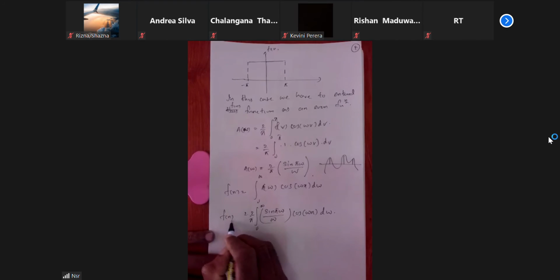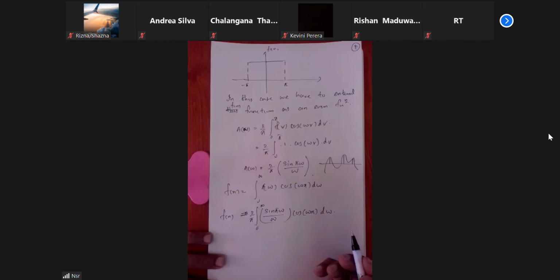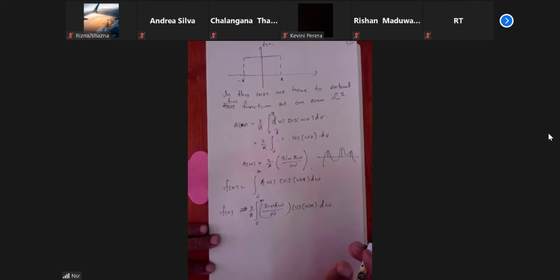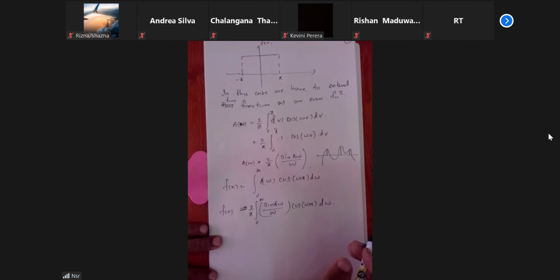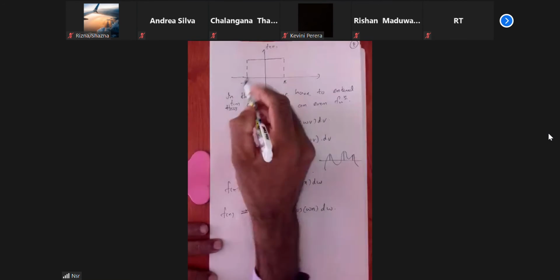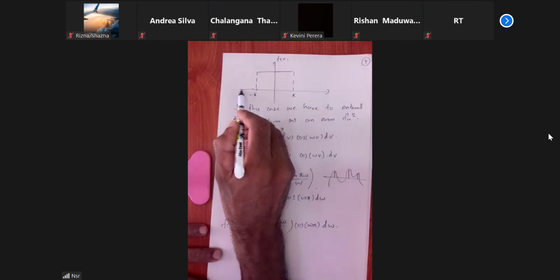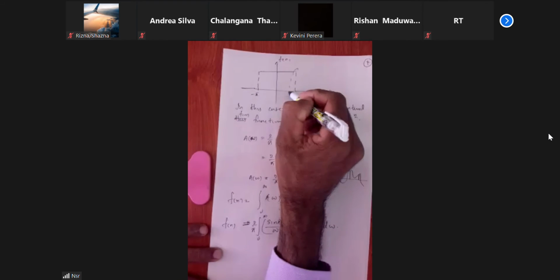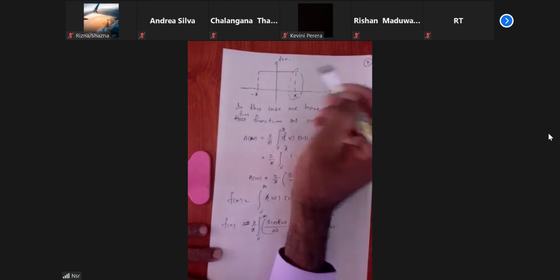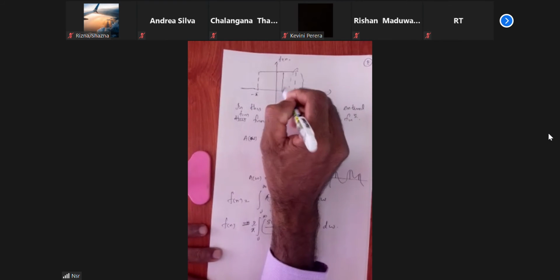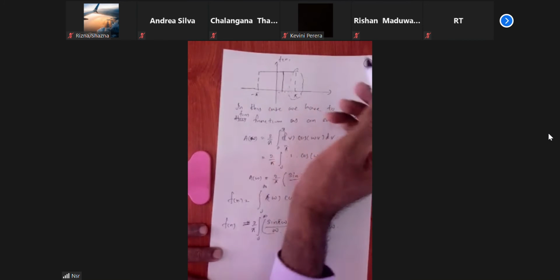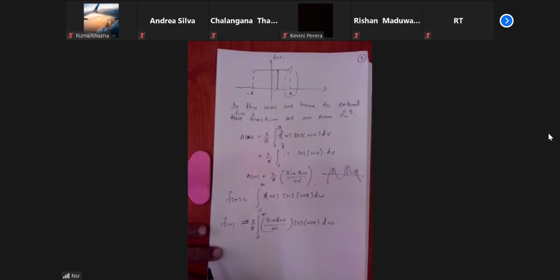This is the Fourier cosine representation of the given f(x). Again, you can see the different domain. If you are asked about the convergence of this function at a particular point, you need to use the given theorems to identify the convergence, or the value of this integral. Is it clear?